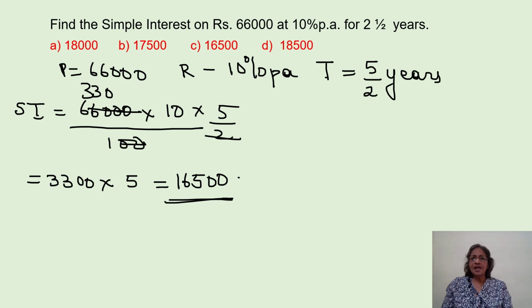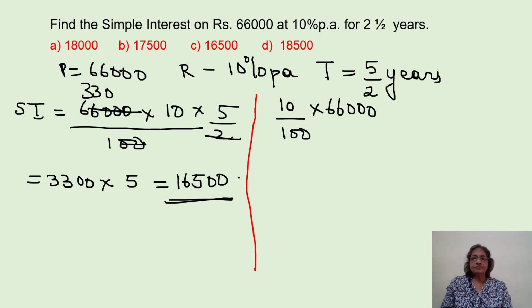Now I have done this using the formula. But supposing somebody would like to do it by using the, say, ratio method or the percentage method. So let's see how we can use the percentage method to do it. All right. The percentage method is 10% given. So this would be 10% of 66,000. Now this, mind you, is for 1 year.